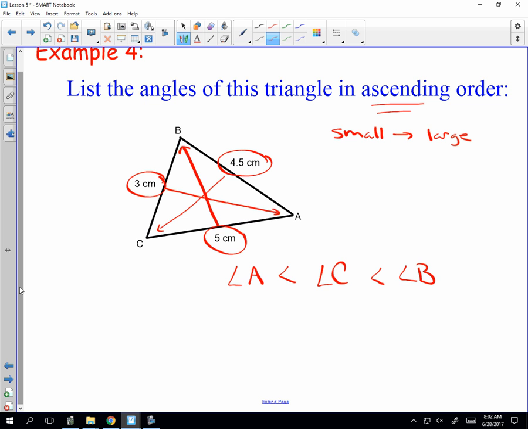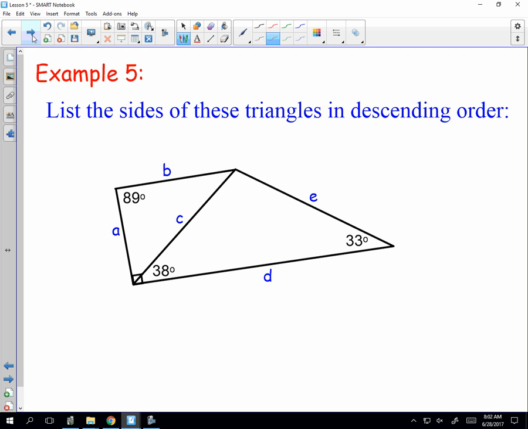We've got a less than and a less than. Now, if we wanted to go in descending order, we would just flip this around, and B would be greater than C, which would be greater than A if we wanted to go in descending order.